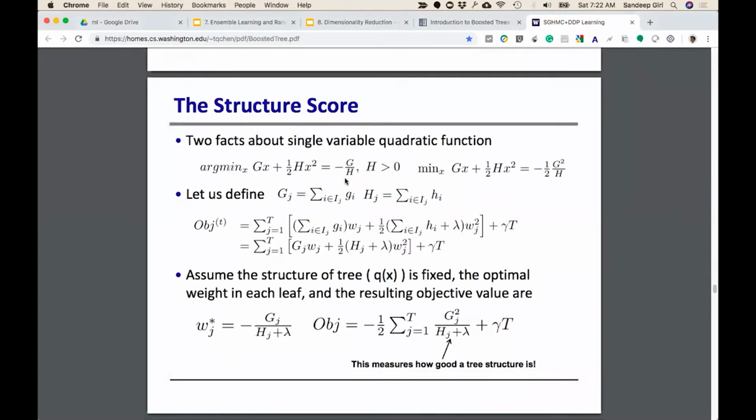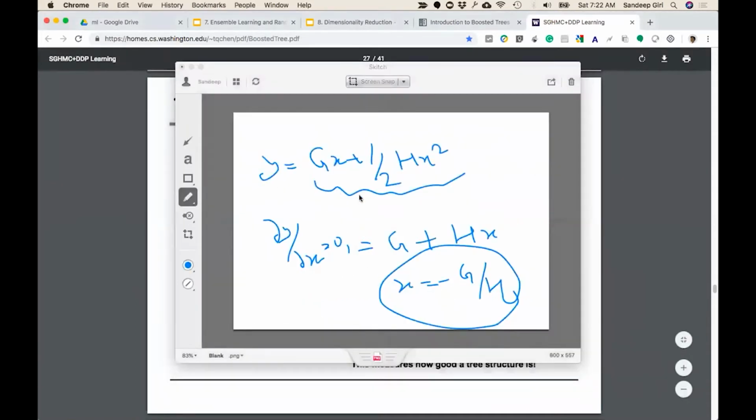So that's what is mentioned here: the value of x for which this is minimum is minus g by h. Okay, this was one part that wasn't clear here, and therefore the minimum value, when you put back x as this, is going to be minus of g squared by 2h.